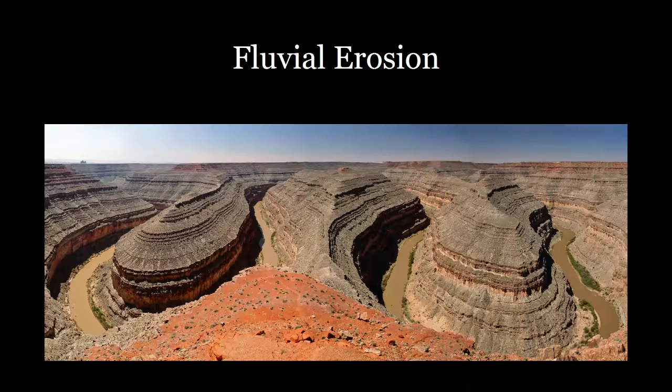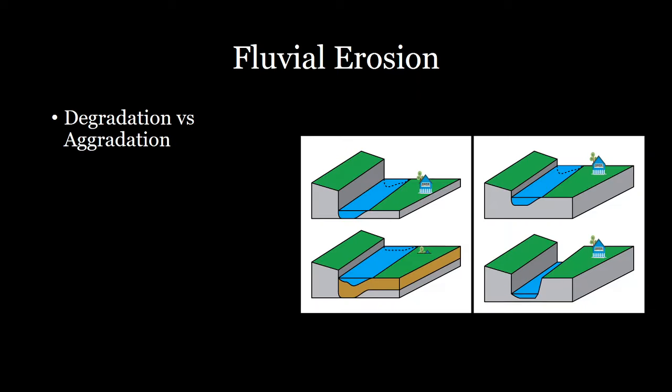And so the predominant erosion occurs at rivers. So rivers are very good at transporting material from one location to the next as they flow. And so a river can either build up sediment or it can erode it away. And so we call those two different processes degradation and aggradation.